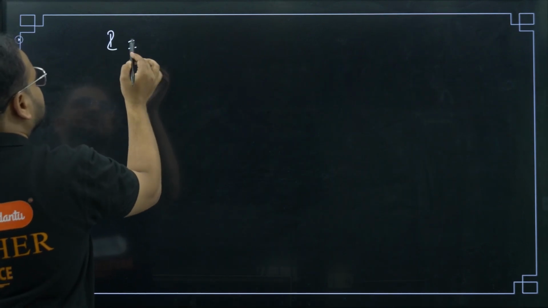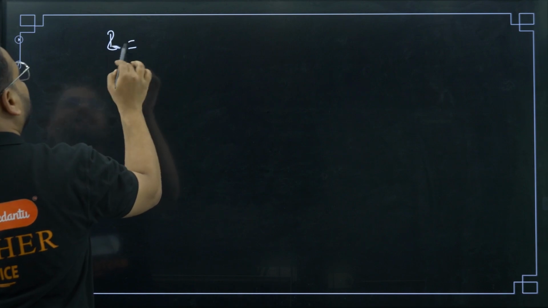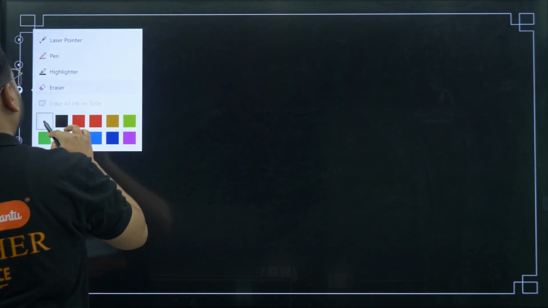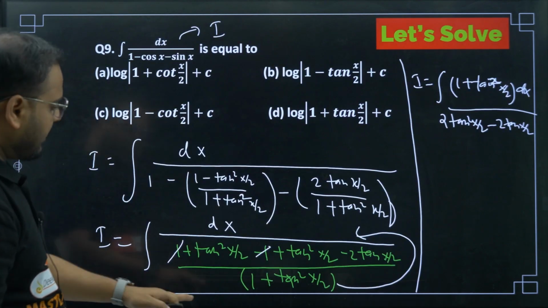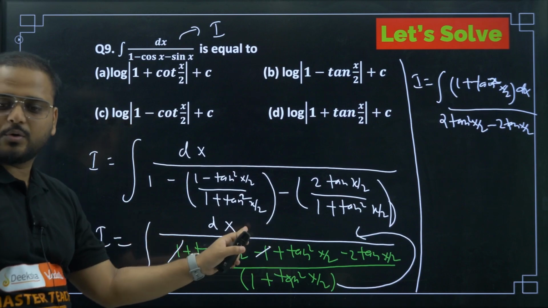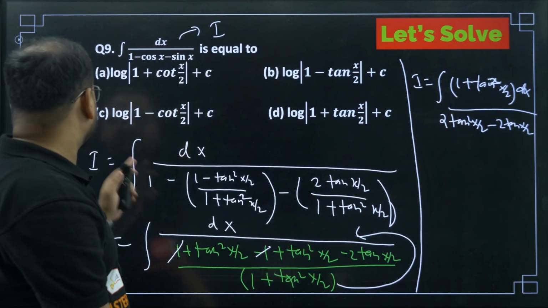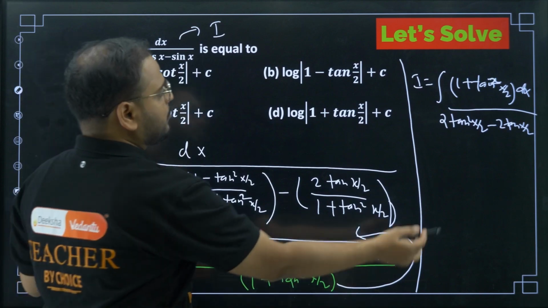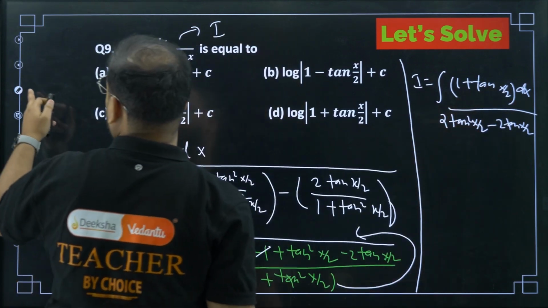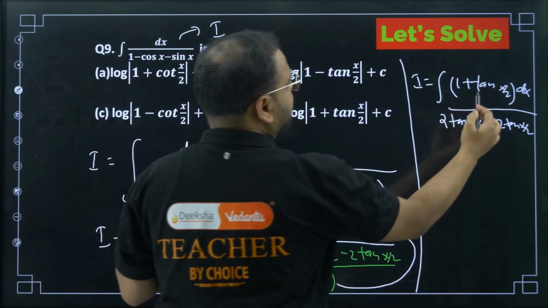I hope this was understood, right? This denominator over here will go to the numerator only, so I multiply this with the numerator. Let me just rewrite this, nothing is different.